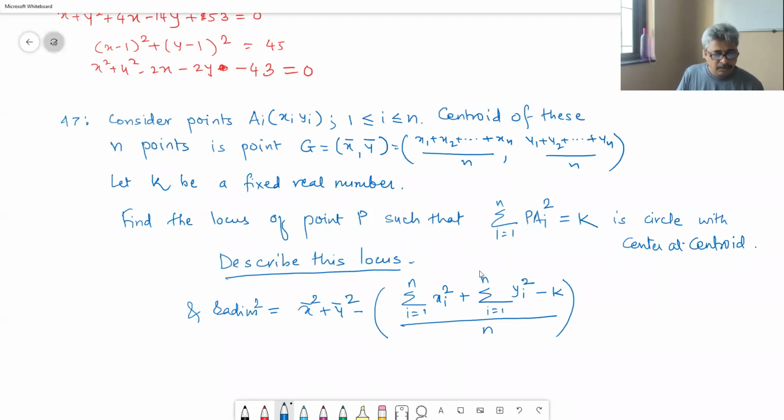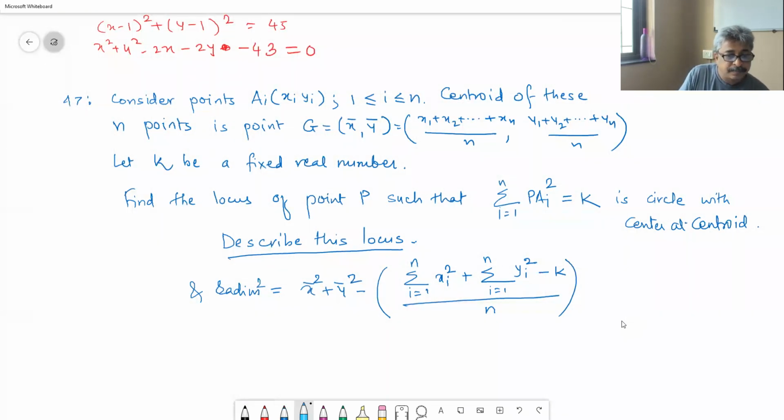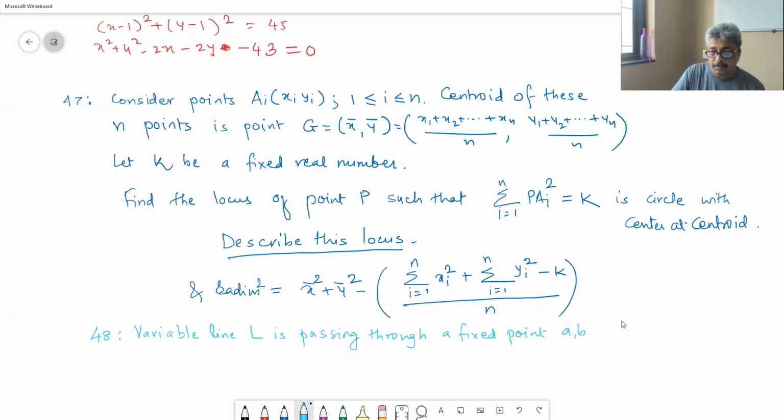Next, problem number 48. A variable line L is passing through a fixed point (A, B).